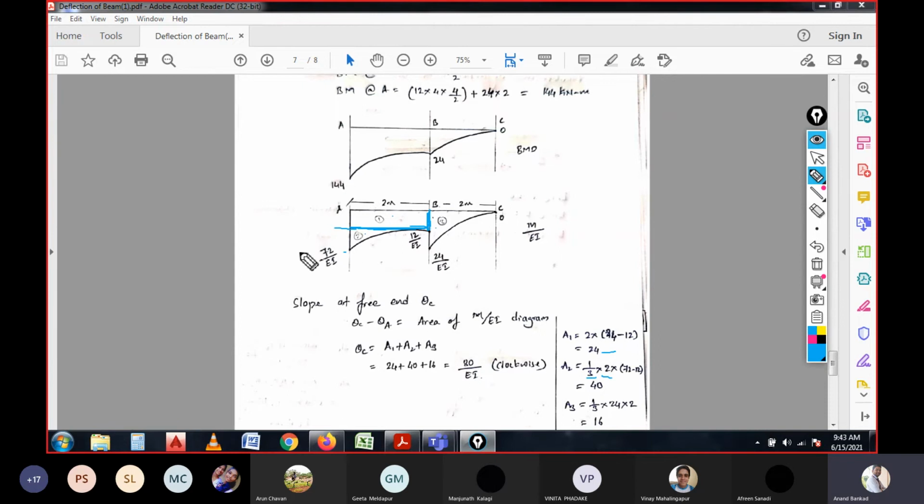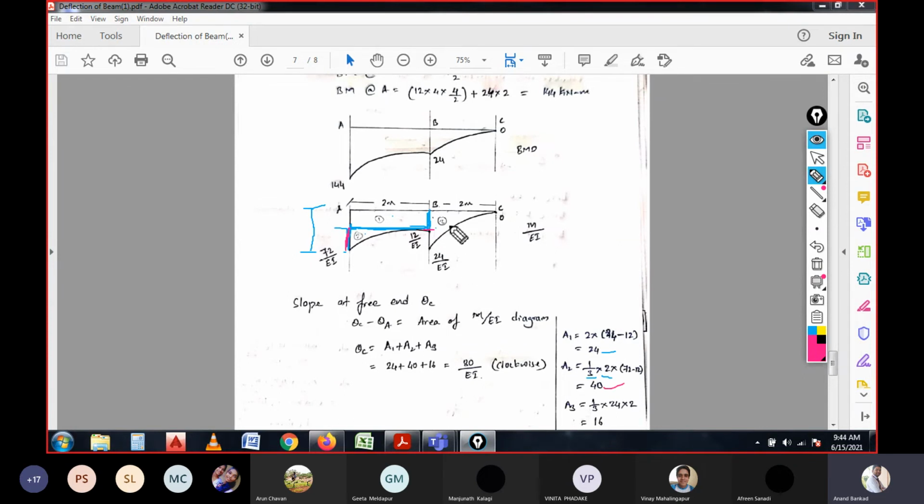This 72 is the complete height for the complete span, but we need only this much, because we are referring to the triangle having this base. So 72 minus 12 will be 60. So 1/3 of base into height, it is 40.